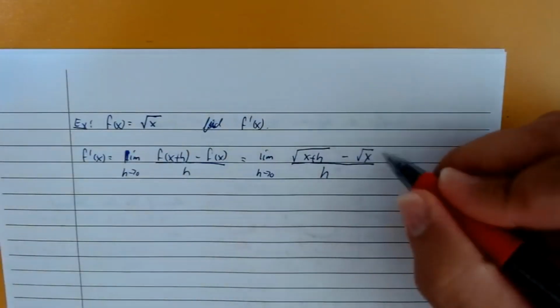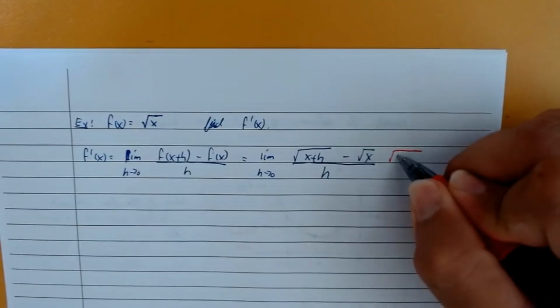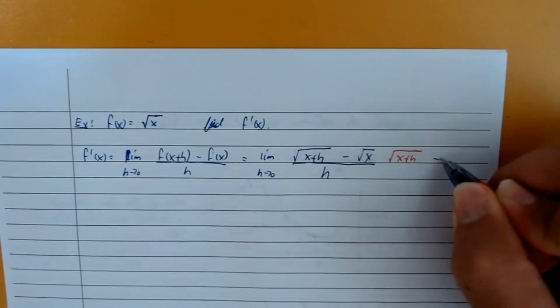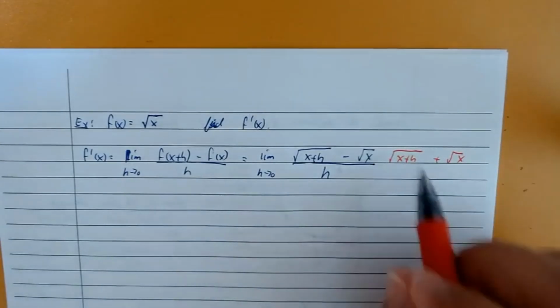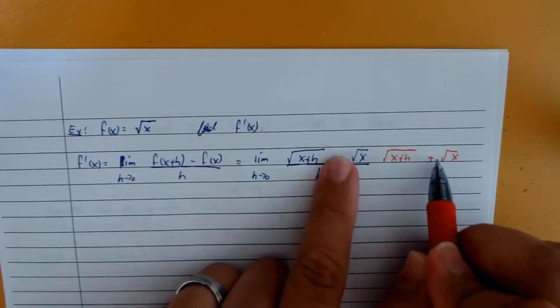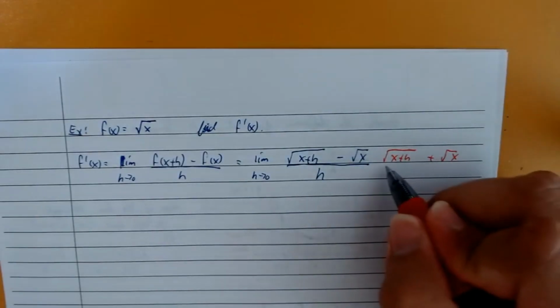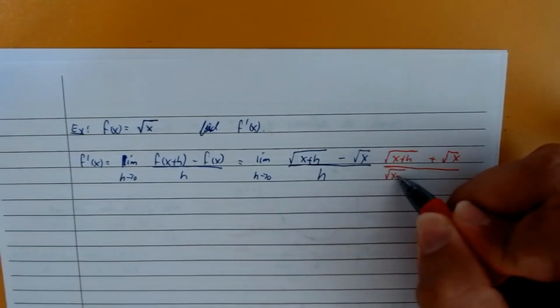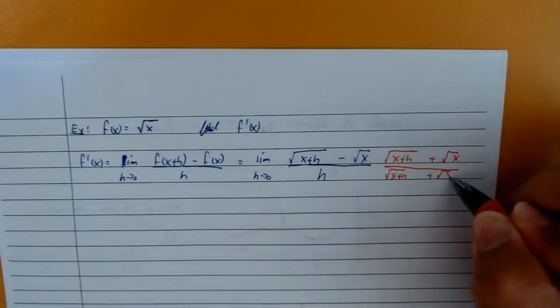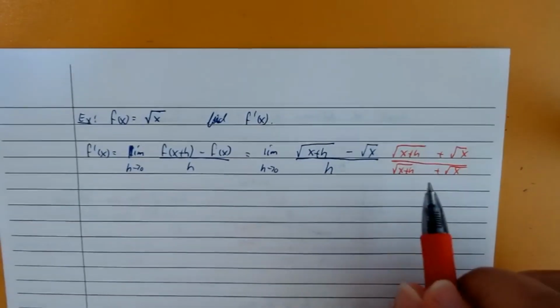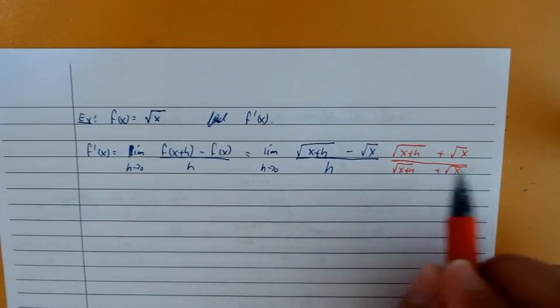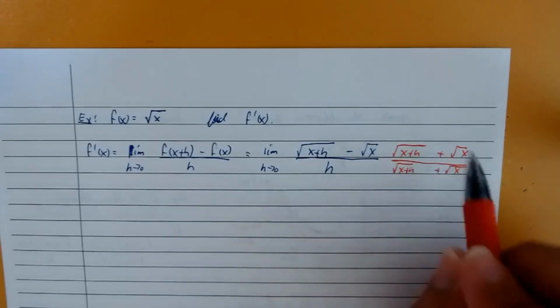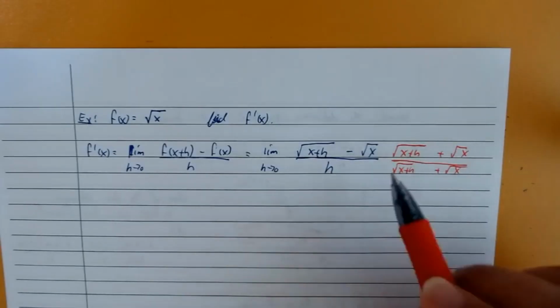So what we're going to do is rationalize the numerator, the one that has the square roots, by multiplying the numerator by its conjugate, square root of x plus h plus square root of x. And whatever you do on the top, you're going to do the same thing on the bottom. After all, you've just multiplied by the number 1. And multiplying by the number 1 never changes anything.